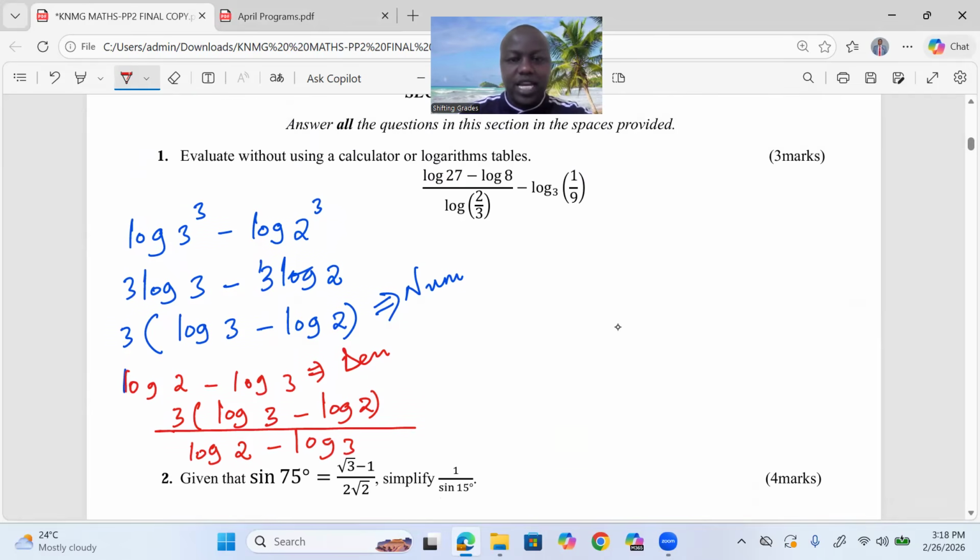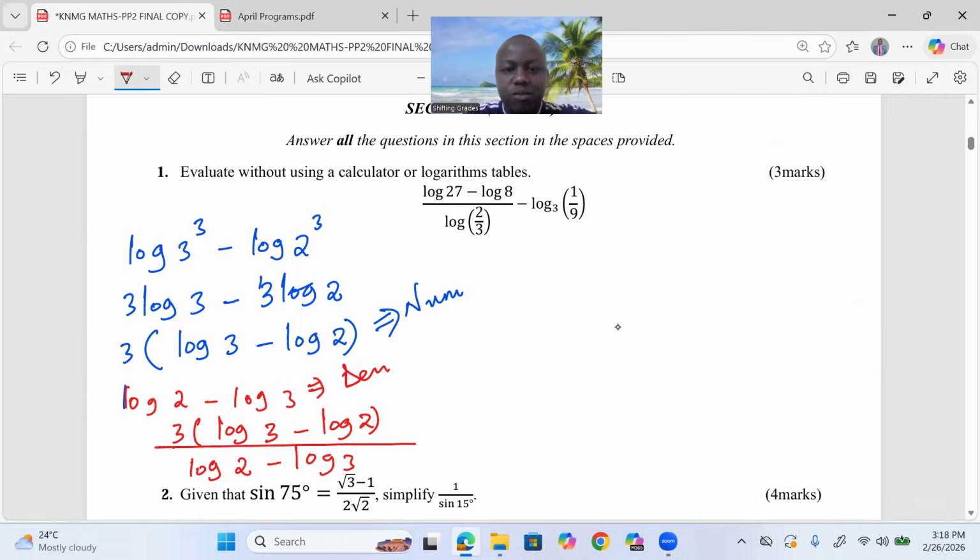Looking at the denominator and the numerator, ladies and gentlemen, we can all agree on something here, and that is we have log 2 and log 3 on both sides, both numerator and denominator.